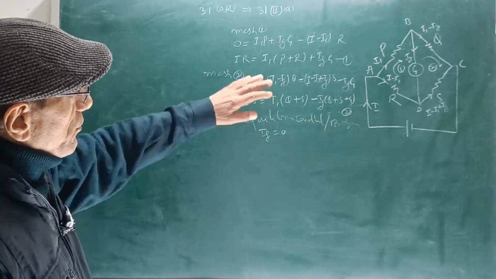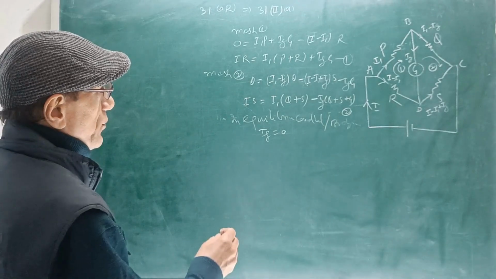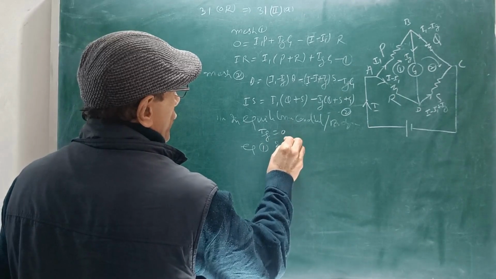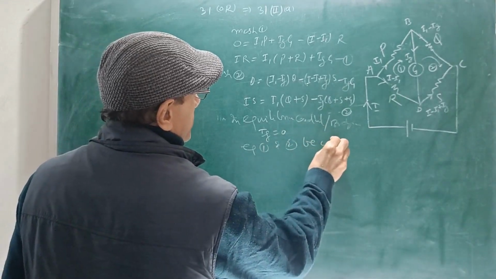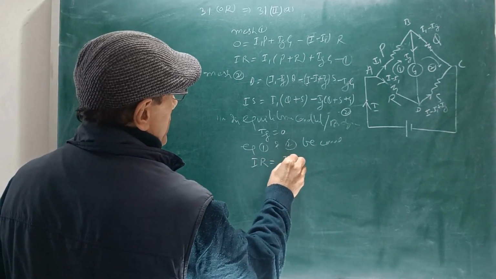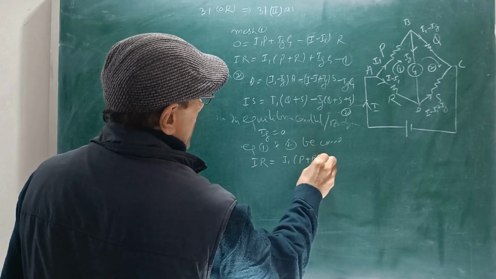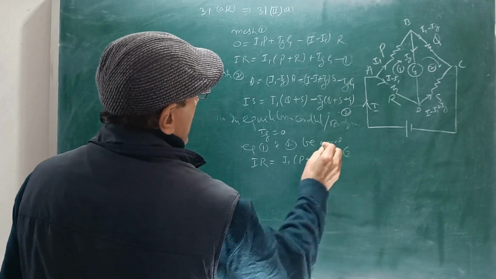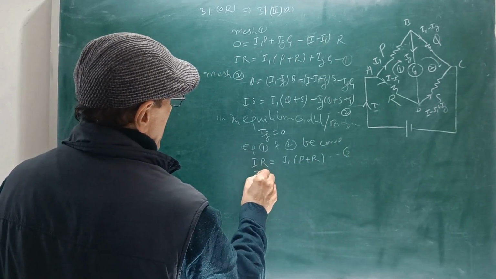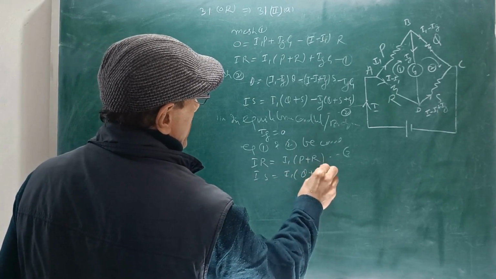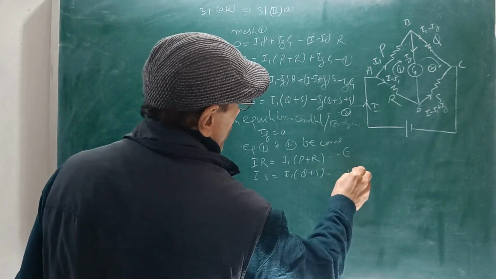So substituting the value of Ig as 0 in equation number 1 and 2, equation 1 and 2 become IR equals to I1 (P plus R), and this is 3, and equation number 2 will become IS equals to I1 (Q plus S), equation number 4.